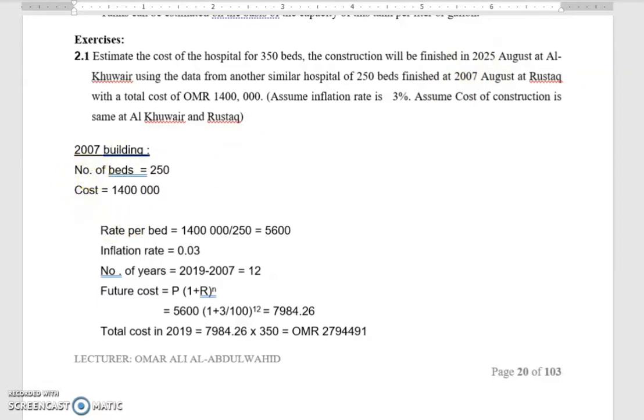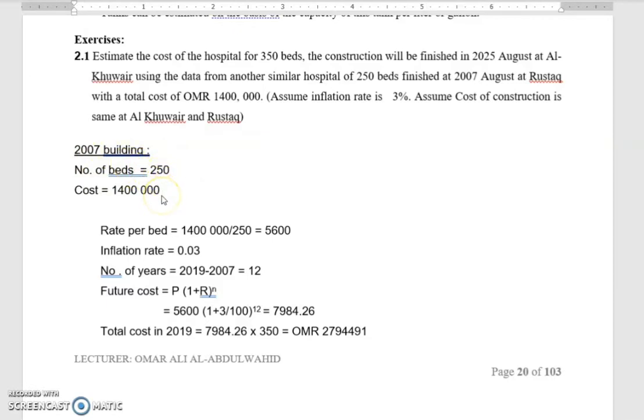we have that building. We have 250 beds, and the cost was 1,400,000. If we want to get the cost of one bed, we take the total cost of the hospital, and we know that the number of beds in that hospital is 250.